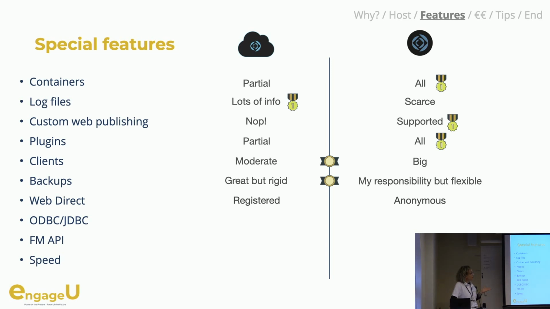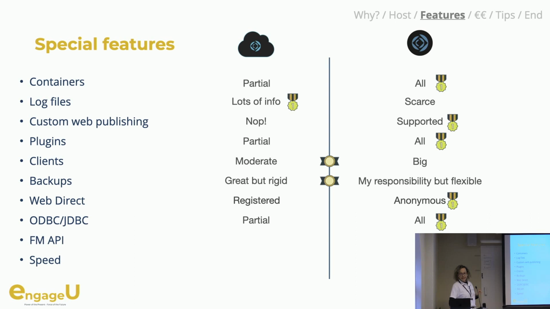So I guess this point goes directly to FileMaker Server. In ODBC, JDBC, as FileMaker Cloud can't be used as a data source for ODBC, FileMaker Server supports full integration, so another point for FileMaker Server.